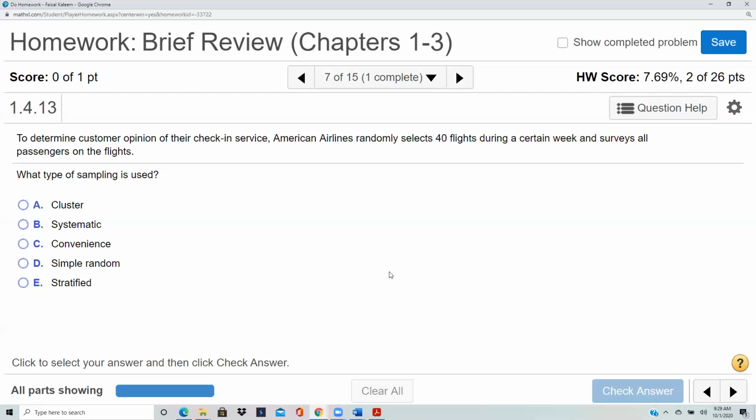Usually the first question you ask is: is it one level sampling or two level sampling? Wouldn't it be one? Why? I just don't understand how it could be two. It selects 40 flights. And so at first level, it has selected only 40 of its flights, and then at the second level, it's all passengers on those flights. Okay, so it's two.